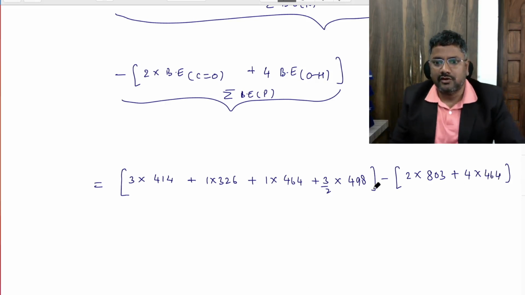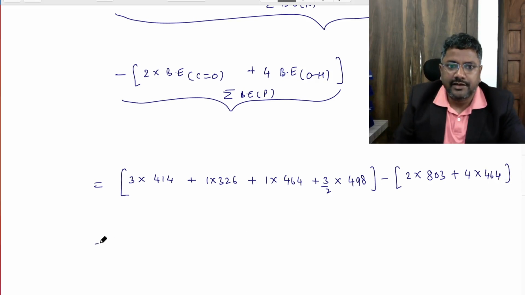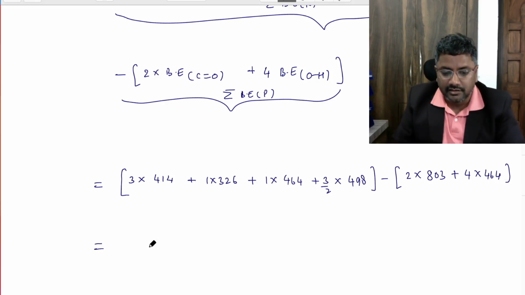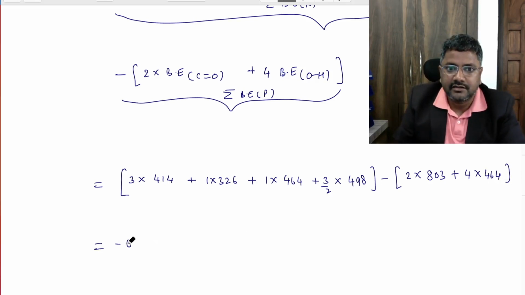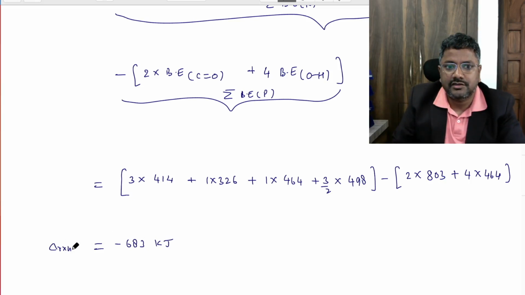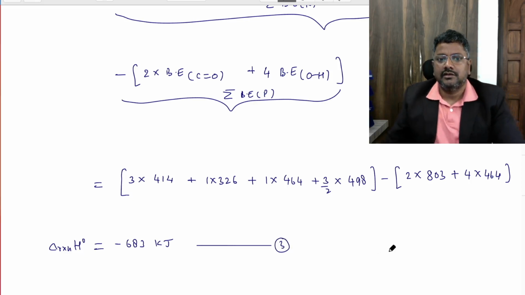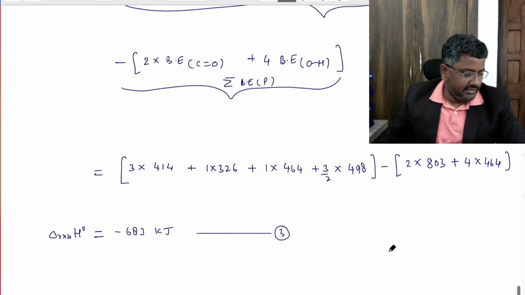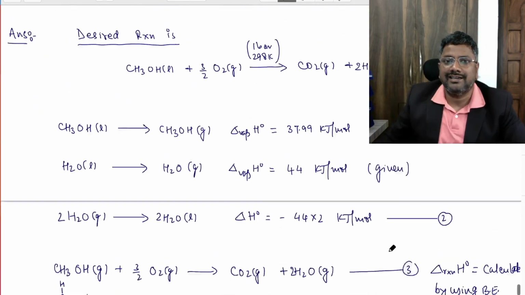So if you solve this, you will get minus 683 kilojoules, right? So delta H naught of this reaction is minus 683. Now you can apply the Hess law.